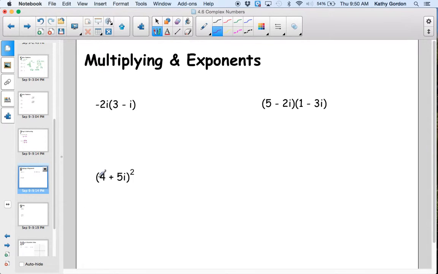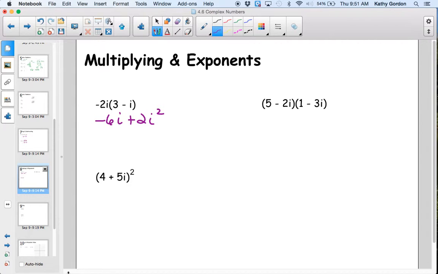So if I take negative 2i and I multiply it by 3 minus i, what am I going to get? Now, here's where the kicker comes with multiplying. We're usually asked to give answers that are in standard form. Is that a plus bi standard form? No. So how do I change that into a plus bi standard form? Julian? You replace i squared with -1.